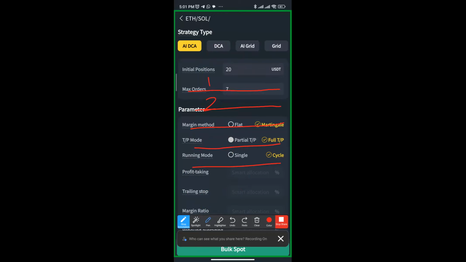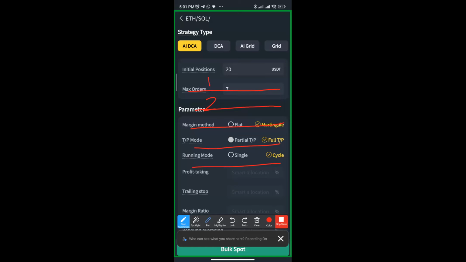You want to accumulate and you sell at a greater profit, you use the DCA. Also, if you have small capital, you use the DCA. Also, if you're trading a coin that is quite volatile, the DCA is also good.